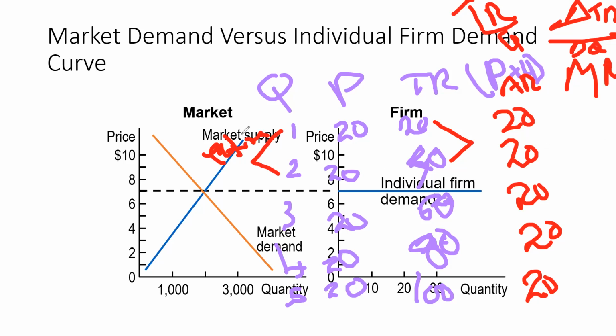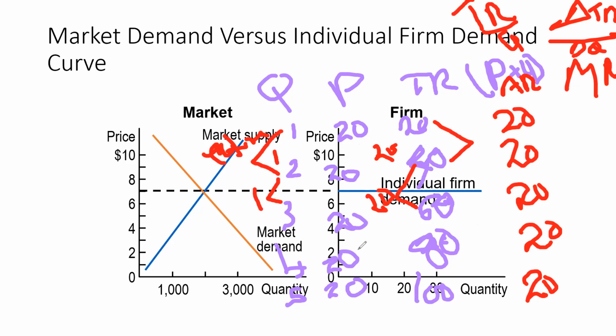From one product we earn 20, by selling the second one we earn 40. So by selling one extra unit, how much do we additionally earn? 20. Delta TR divided by delta Q, right? From 2 to 3, the extra one unit, again we derive 20 as marginal revenue.